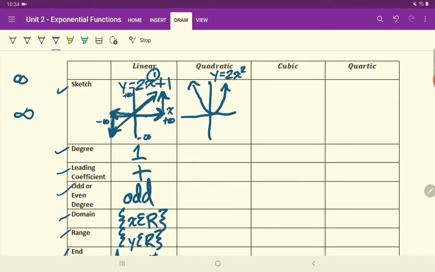Quadratic. My highest degree here, of course, there's only one term, and it's a 2. My leading coefficient is positive, but we know it could be negative. Is it odd or even degree? If it's a degree of 2, then it's even. 2 is an even number.